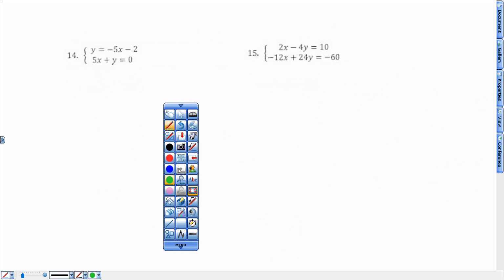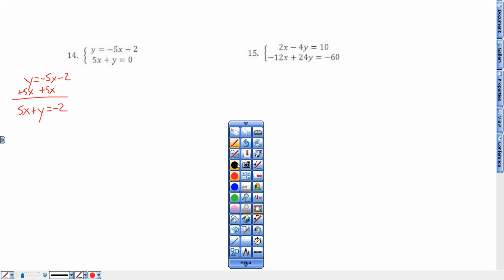Last two. Here I go. Looks like I need to get that top one in standard form. So here I go. Let's rearrange this into standard form, adding 5x. That gives me 5x plus y equals negative 2. Now stack them. So I got 5x plus y equal negative 2.